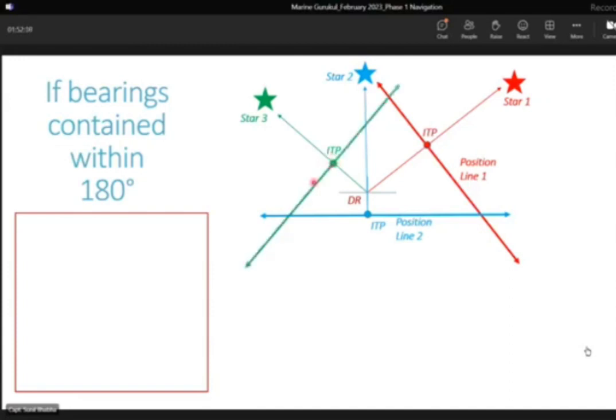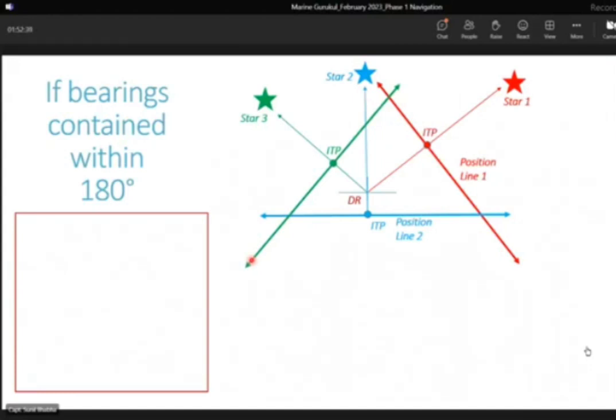Passing from the ITP is our PL and it is perpendicular to the azimuth. So we have all the three position lines now in our plot. Red, blue and green position lines. And these position lines are not intersecting at a single point, but instead making a cocked hat, making a triangle. And we have the cocked hat now in our plot.